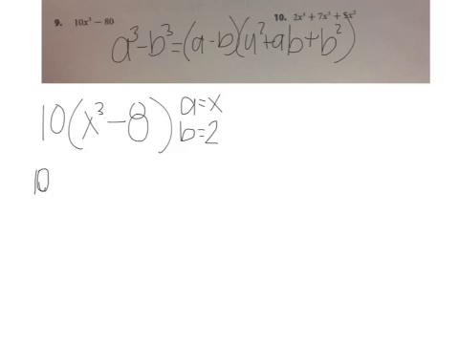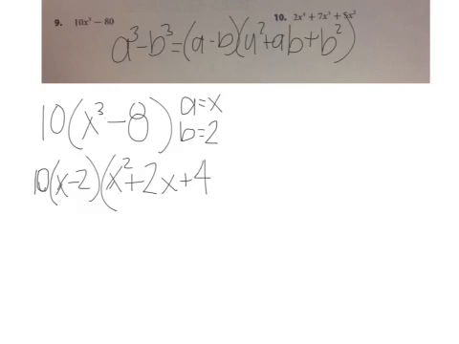And so 10 parentheses, this says a minus b, so I'm going to have x minus 2, close parentheses. And then my a squared, well, a is x, so I have x squared, plus ab, so a times b is 2 times x, plus b squared, which is 4. And that would be your answer for that.